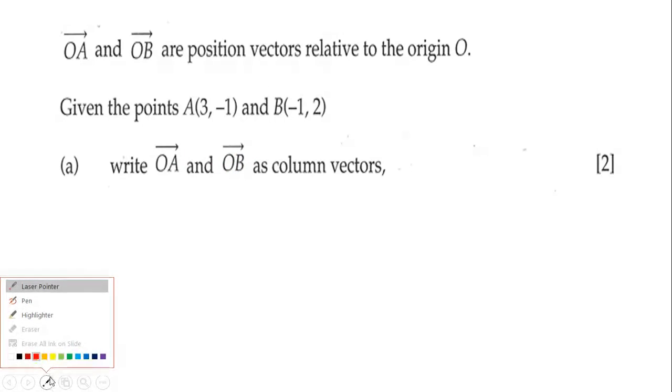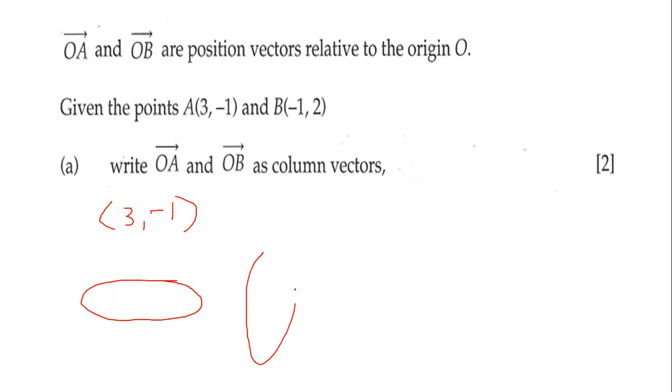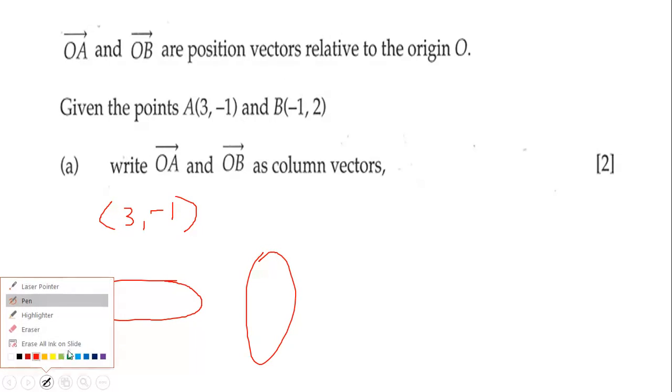Notice that we have 3 and -1 in a row orientation currently, so the coordinates are horizontal. But they don't want it in horizontal orientation. We want it vertical, like a column. So they want us to change the orientation of how we represent this.